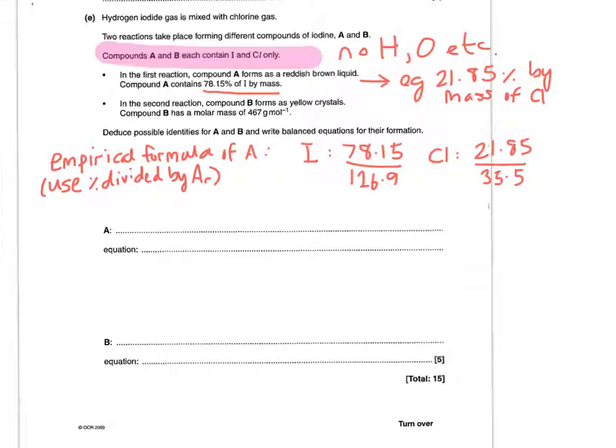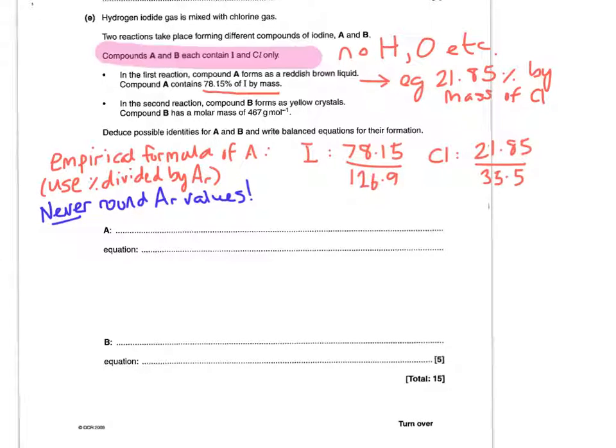So this means I can work out the empirical formula of A using the percentage by mass that I've now calculated, divided by the relative atomic mass of the element I'm working it out for. So that gives me 78.15 over 126.9 for iodine, and 21.85 over 35.5 for chlorine.